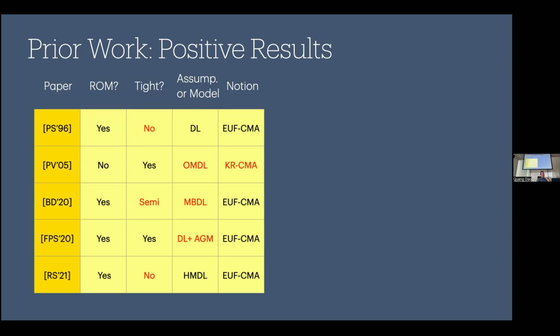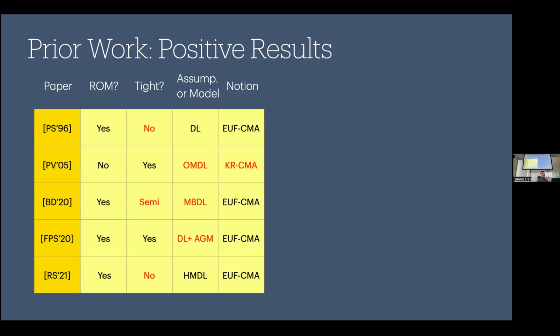The interesting work of, I guess this is not as well known, Paillier and Vergnaud. They didn't use the ROM, but they only showed key recovery security. And they used one-more discrete-log, which is quite a bit stronger than discrete-log, but at least the reduction is then tight. But more relevant to our work is this Bellare and Dai paper.